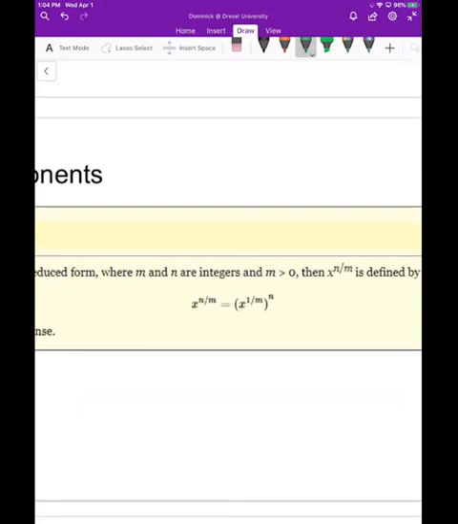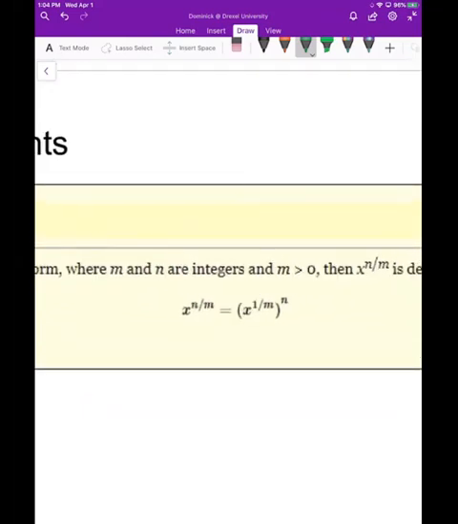Okay. So now we can extend this to any type of fractional exponent. So if you have x to the n over m, whatever number those are, this is the same as taking x to the 1 over m to the n power, right, by your power to a power rule.